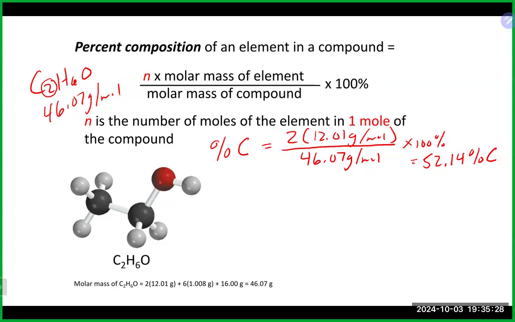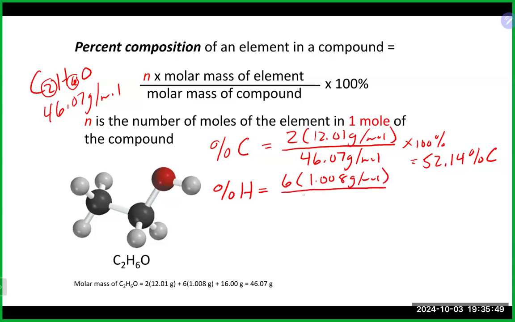We could do similar calculations for the other elements that are present. So if I wanted the percentage of hydrogen, I would look at the formula and see that there are 6 hydrogens present. So on top needs to go the mass of just the hydrogen. So 6 times 1.008 grams per mole.